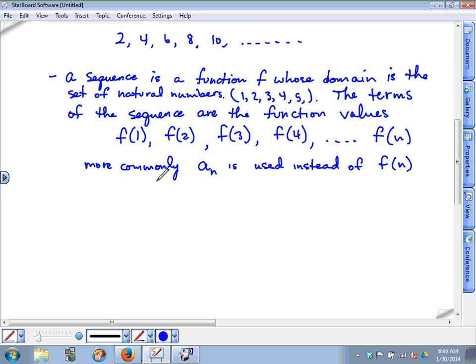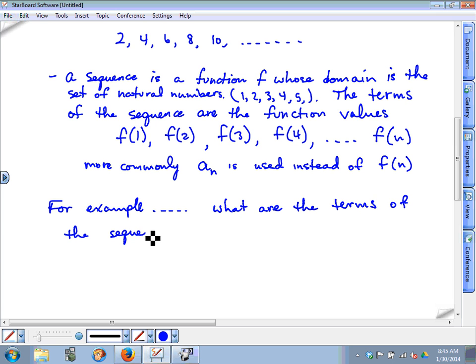I know this sometimes is very hard to decipher the meaning of a mathematical definition. So for example, what are the terms of the sequence defined by f of n is equal to 2n?